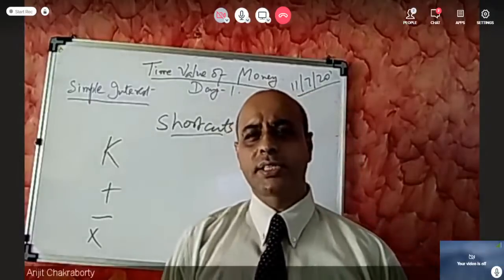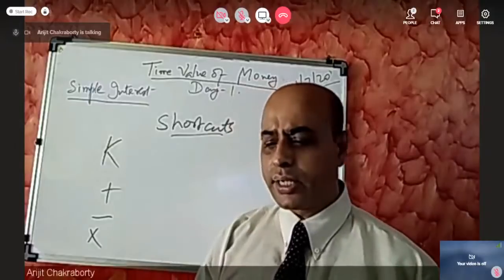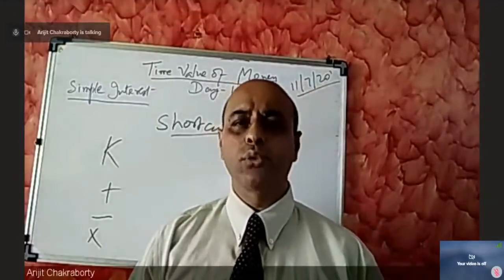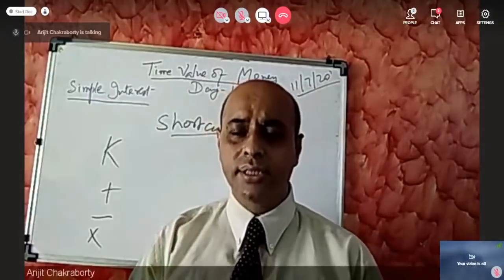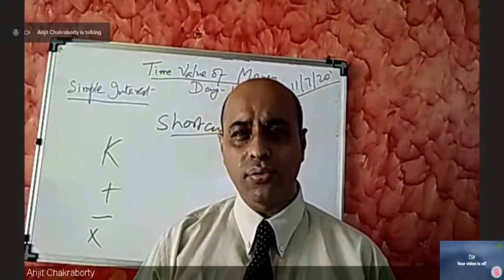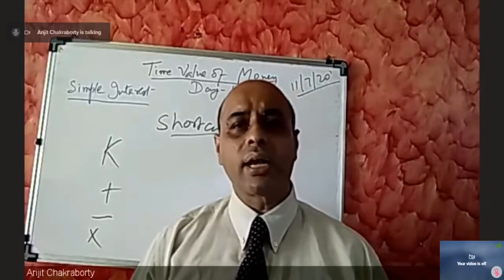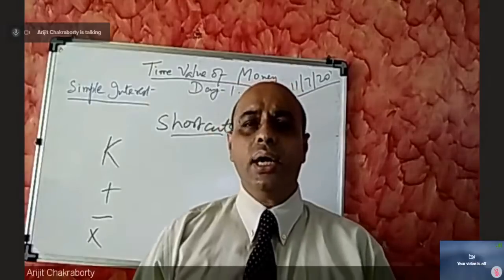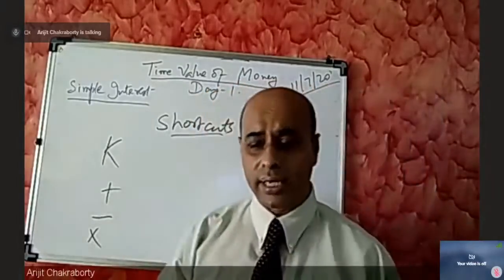Okay, so we were discussing how to use shortcuts using the calculator. Please note, only a 12-digit calculator will be permitted in the exam as per the current regulations of ICAI for the CA Foundation exam and thereafter. Scientific calculator is not used, and I will be discussing 3 or 4 shortcuts while using the calculator.